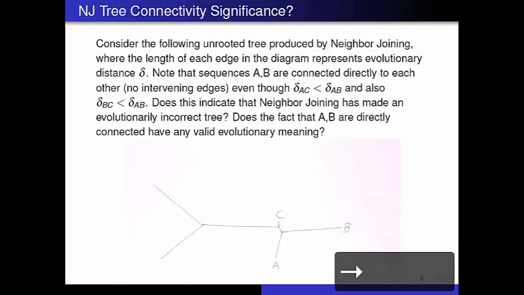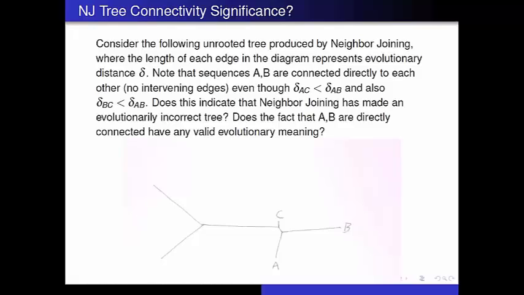So here we have an unrooted tree structure, similar to the unrooted trees that we've just been talking about. And it has a sort of funny property here. You'll notice that we have, for example, sequences A and C that are actually, let's say for the purposes of argument, closer to each other in distance.